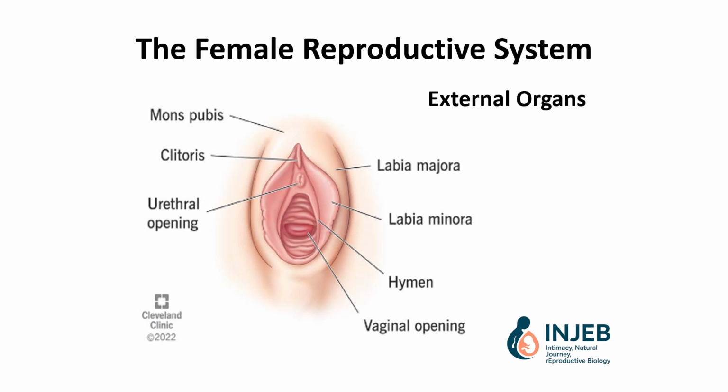Within the vestibule, we can identify the urethral opening through which urine is expelled, and the vaginal opening, which serves as the entrance to the vaginal canal, or for the delivery of the baby when the pregnancy is ending. The hymen, a thin membrane that partially covers the vaginal opening in some individuals, is also shown.